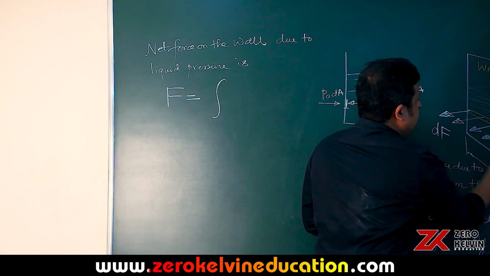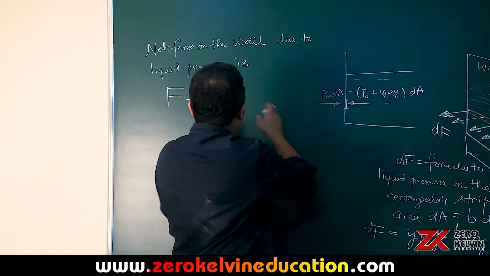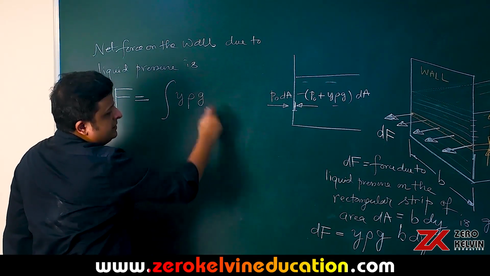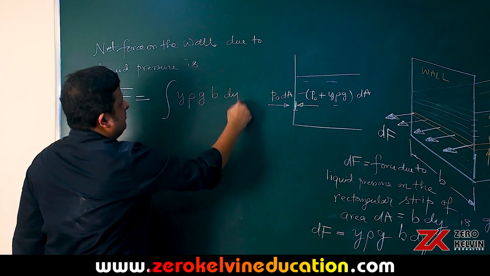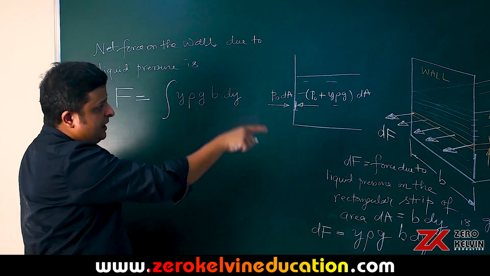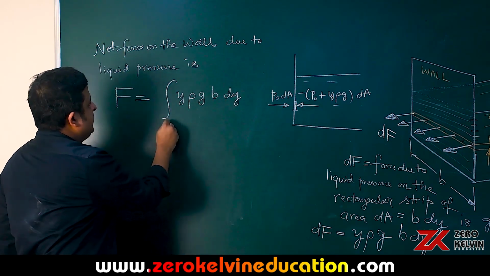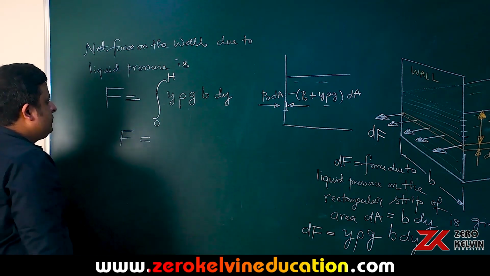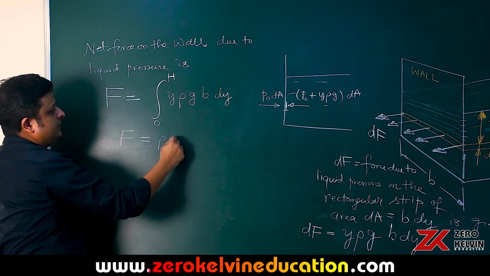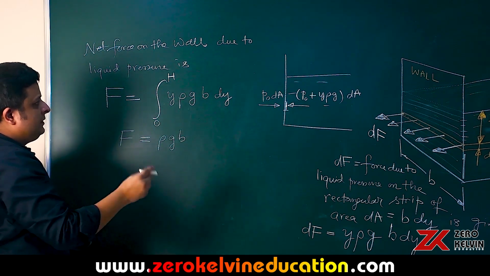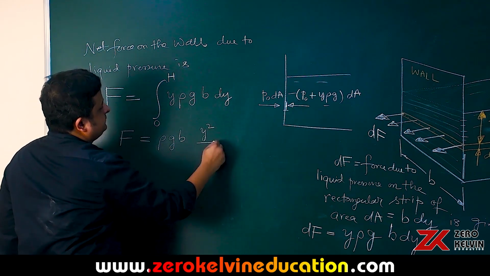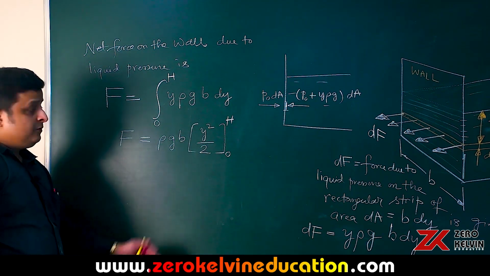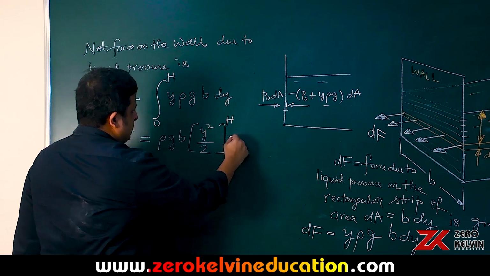That means you integrate this dF. So integral of Y rho G times B dy, where the limits of Y will be from 0 to h. Therefore F is equal to, rho G B will come outside, integral Y dy, which is Y square by 2. Now you put the limits of Y from 0 to h. Now as you know we have to subtract this.